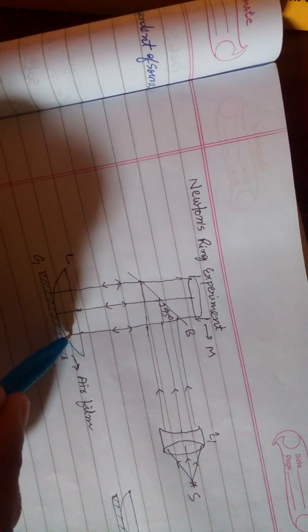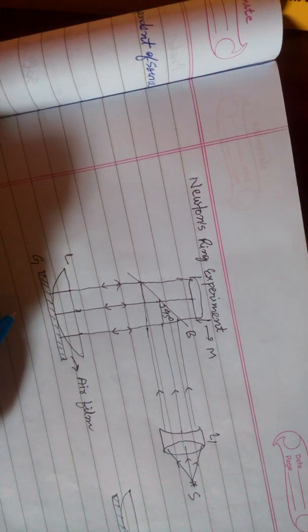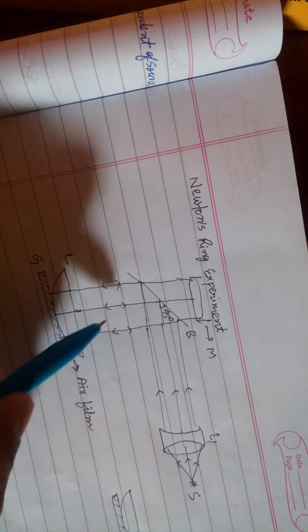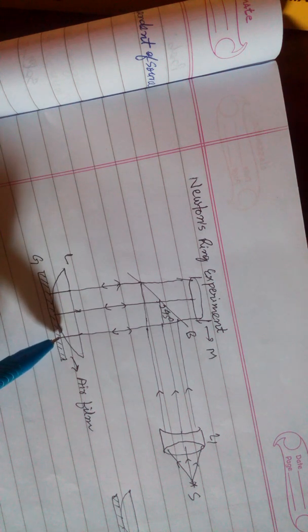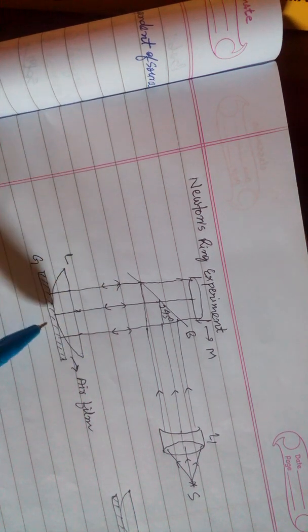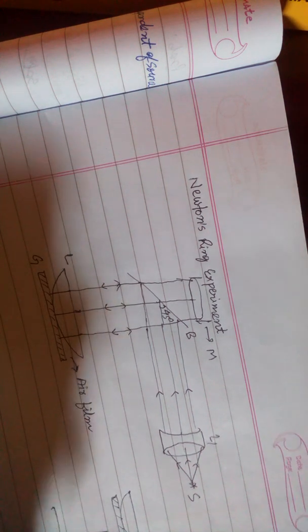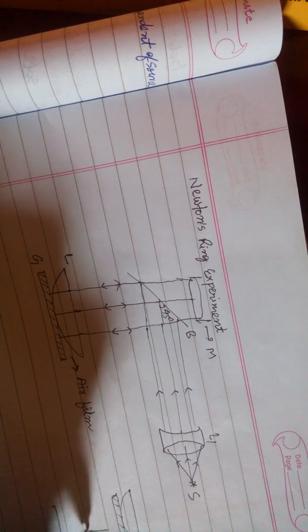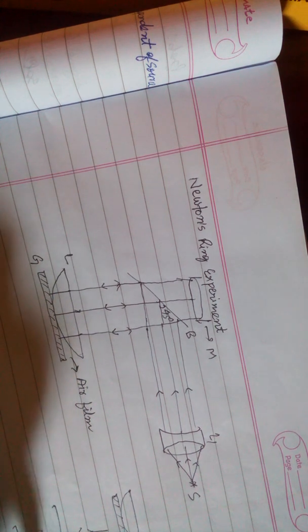The rays fall on this point and are reflected back perpendicularly, because the incident ray is perpendicular. Whenever an incident ray is perpendicular to a surface, it reflects back along the same path. If it is an oblique ray, it goes in another direction.